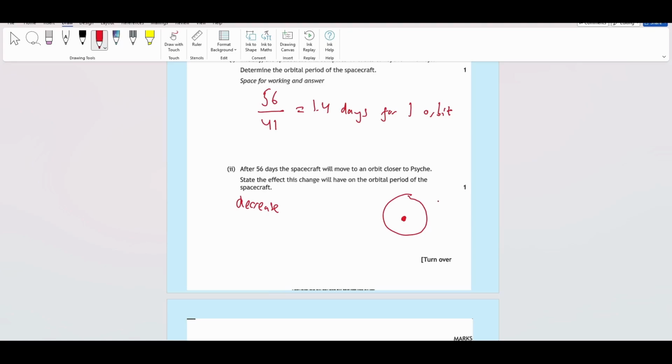And since d equals vt, then t is equal to d over v. And if you have the same speed and the distance increases, then the time will increase. Now, if you have a smaller orbit, then the circumference is obviously smaller. And if it's a smaller distance and the same speed, it will take a smaller time to orbit. So this causes the orbital period to decrease.